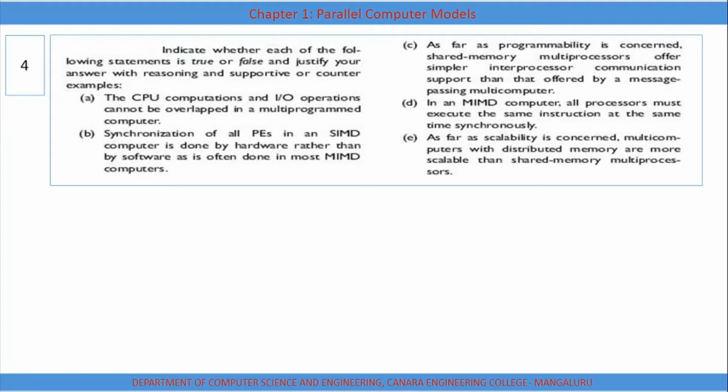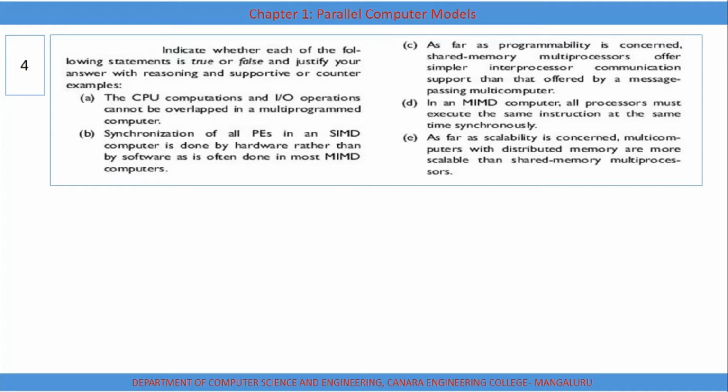C. As far as programmability is concerned, shared memory multiprocessors offer simpler interprocessor communication support than that offered by message passing multicomputers.